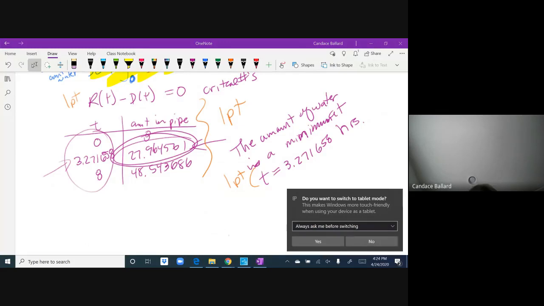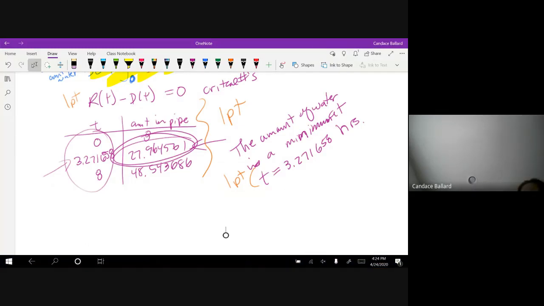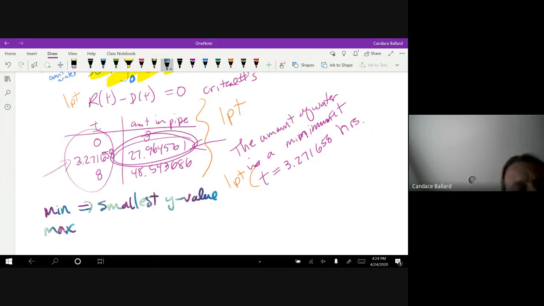Okay, go away. All right, so a minimum. The minimum is the smallest y value. The maximum, and remember, this is absolute, not relative. The absolute max is the largest or the biggest y value.